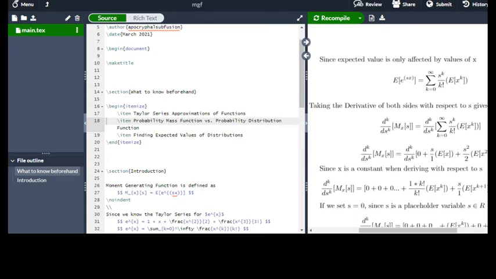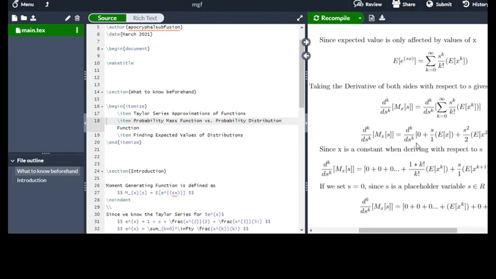And when we take the derivatives of both sides, so if we take the derivative with respect to s, of the moment generating function and of the Taylor series of the moment generating function, we see that all the s's basically cancel out.